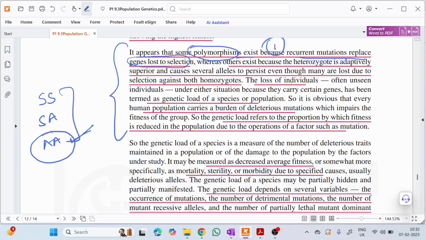But these mutations will keep recurring because of the primary condition for the existence of this particular trait, that is the presence of the plasmodium vector or malaria vector.